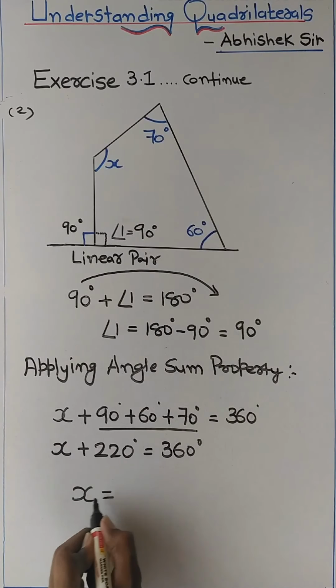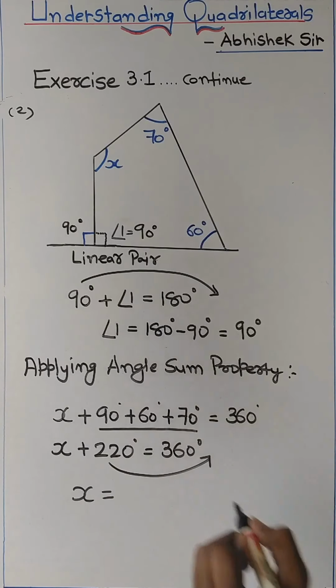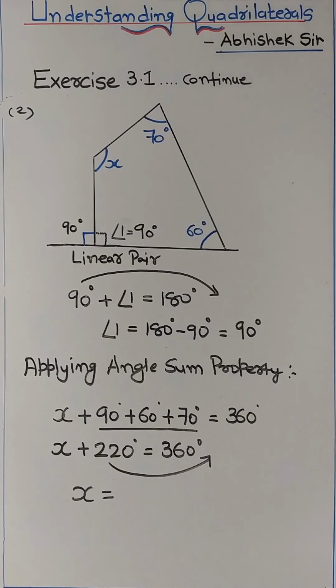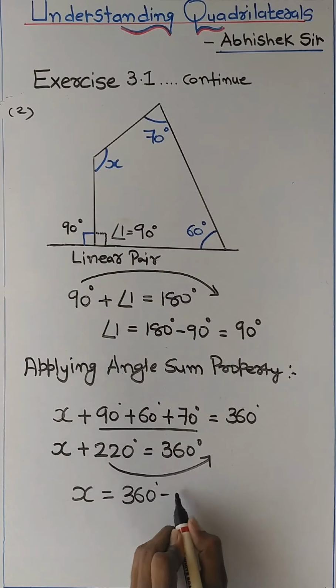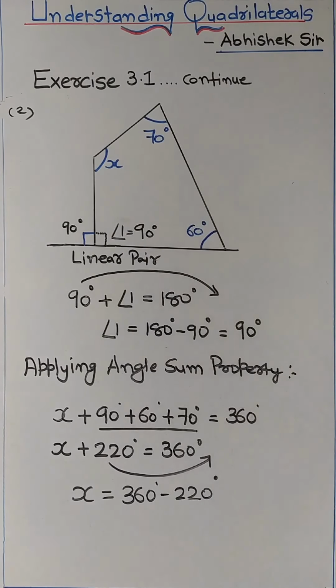Now to find x, you take 220 on the other side. Keep in mind, sign will change. So 360 minus 220 will be 140 degree. So this is our answer. x equals to 140 degree.